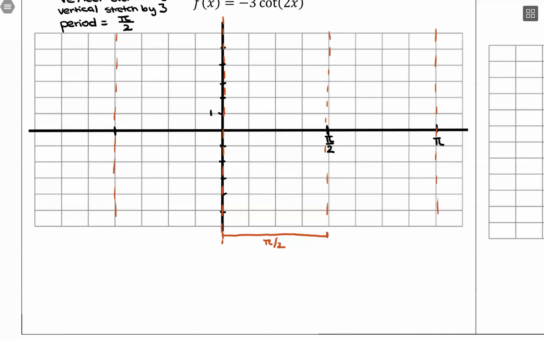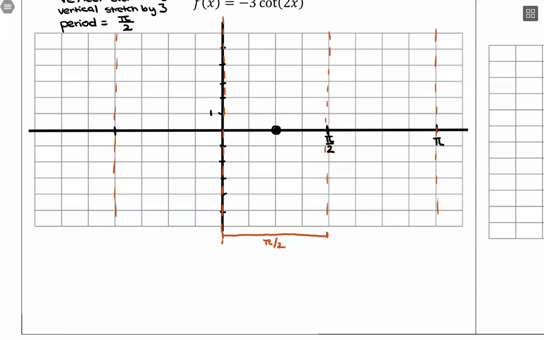All right, so focusing on the 0 to pi over 2, halfway between those values, we'll be crossing the x-axis. And now typically it would go 1 to negative 1. But what we're going to do is stretch, and I'm even going to mark this with a special point because then we're going to reflect.